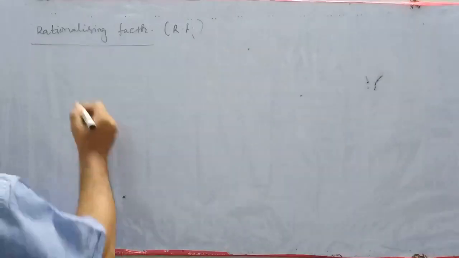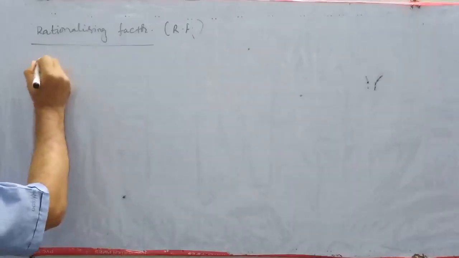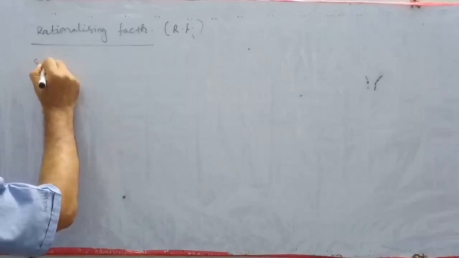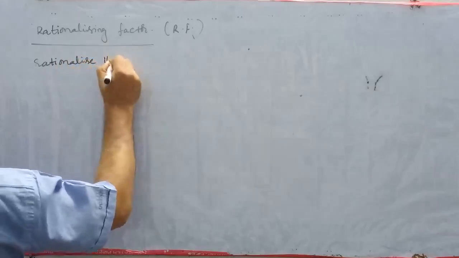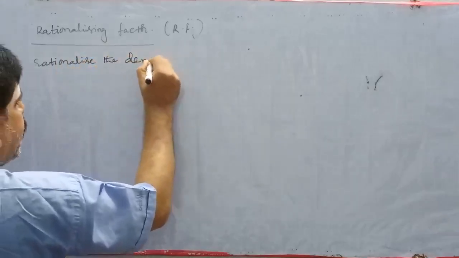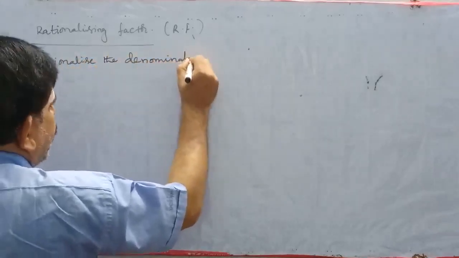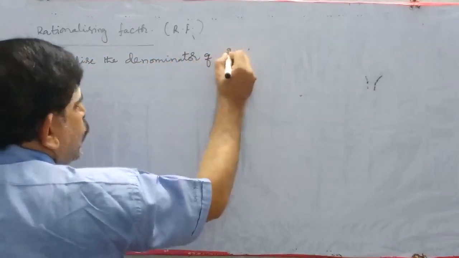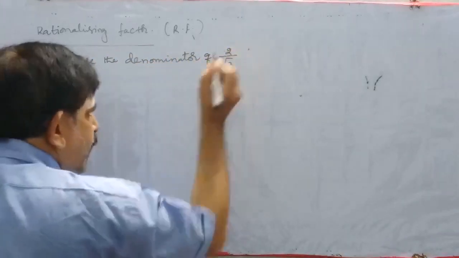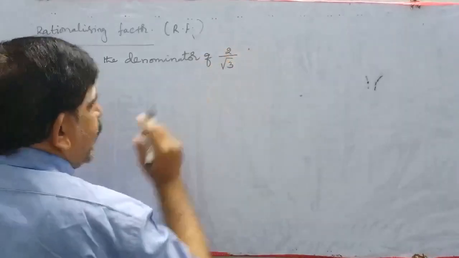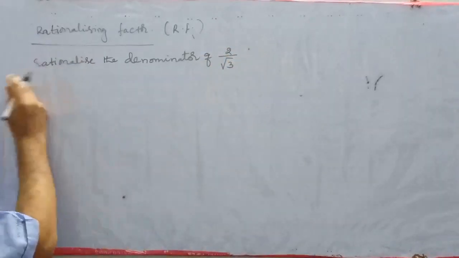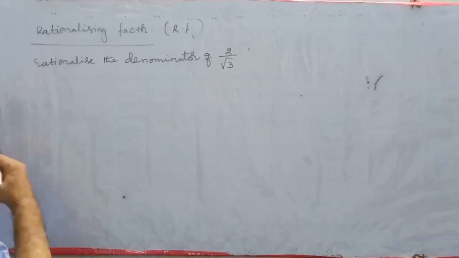Okay, next one. Rationalize the denominator of 2 by root 3. Here, 2 by root 3. Now which one do we have to rationalize?